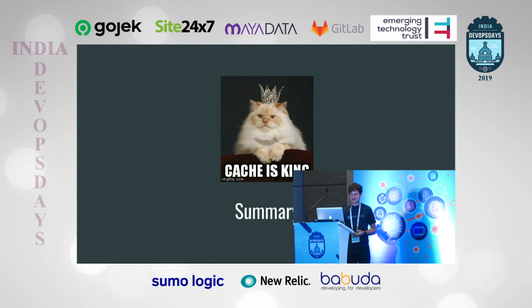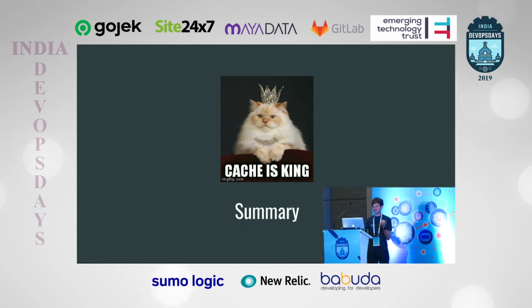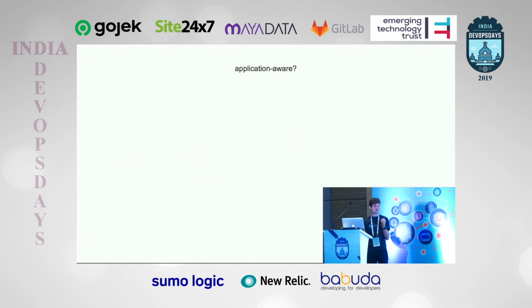As a short summary, I know there are a lot of them, so I would like to make a structure out of it and help you make a decision about which one to choose. So I created a short decision tree, how to choose the right caching for you. The first question I would ask: do I need my application to be aware of the cache?